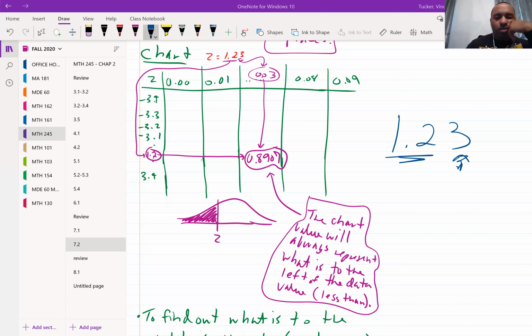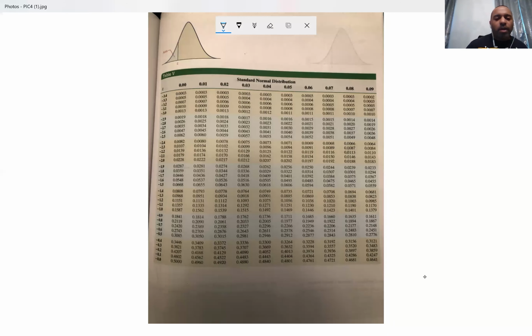All right, so this is the first side. Notice all of our values over here are negative, and I think this is A11.